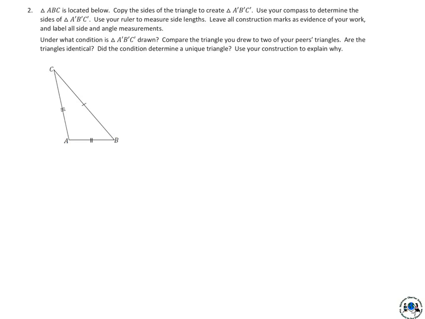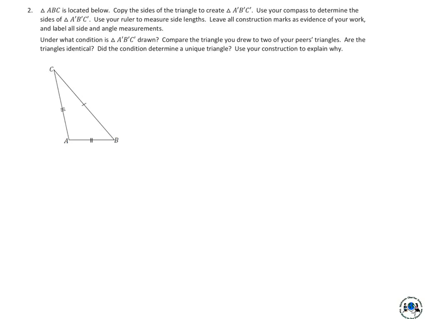Use your ruler to measure the side lengths. Leave all construction marks as evidence of your work, and label all side and angle measurements. The question will be, under what condition is triangle A prime, B prime, C prime drawn?